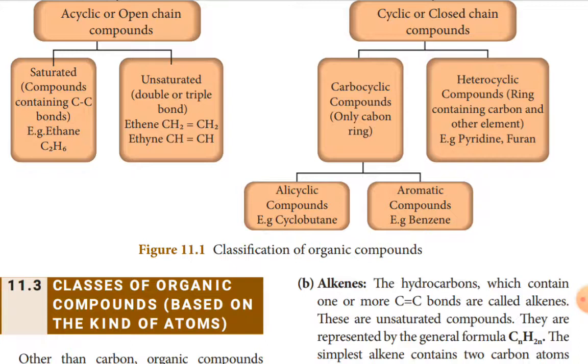Alicyclic compounds contain one or more carbocyclic rings. Example, cyclobutane, may be saturated or unsaturated. Aromatic compounds possess one or more benzene rings.